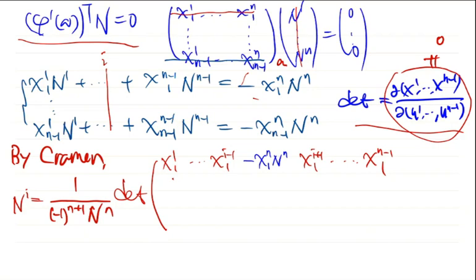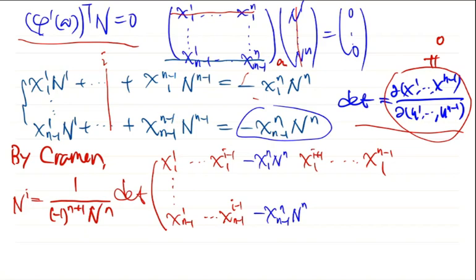The other rows are the same: x_{n-1,1}, ..., x_{n-1,i-1}, minus x_{n-1,n} N_n, then x_{n-1,i+1}, ..., x_{n-1,n-1}. So this is the expression for the coordinate N_i, the ith coordinate of the vector N.